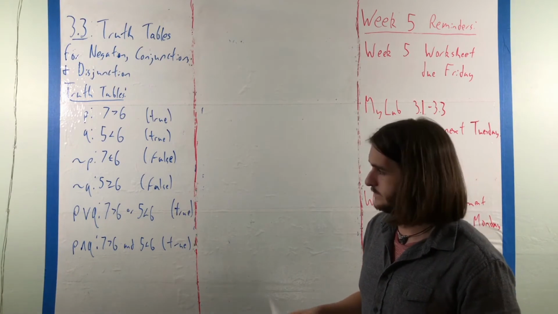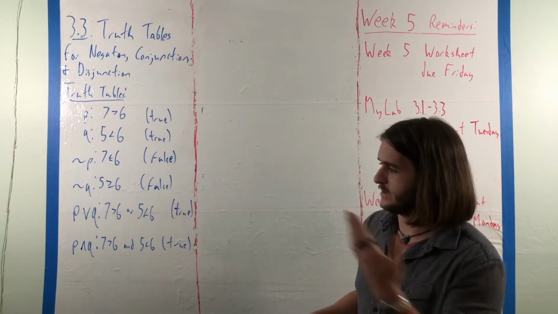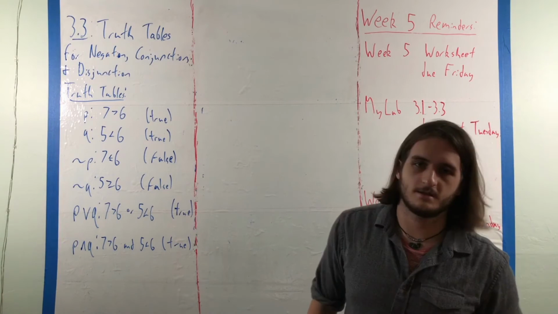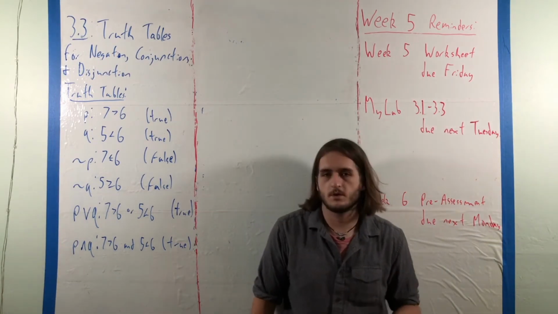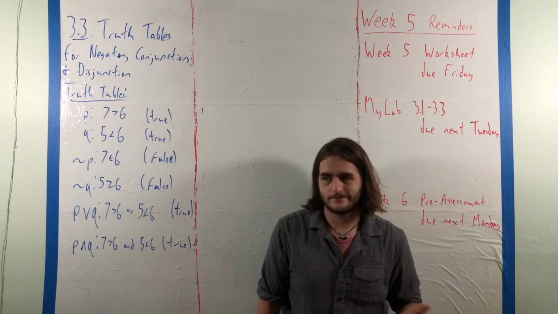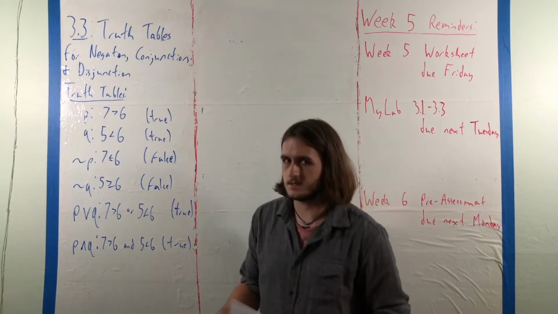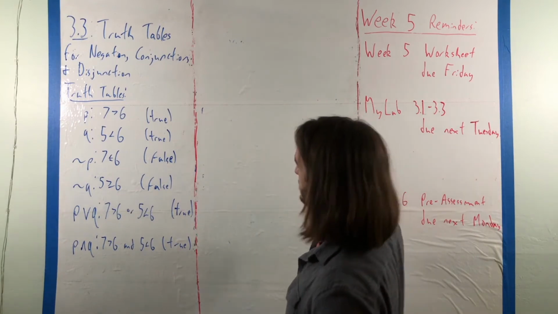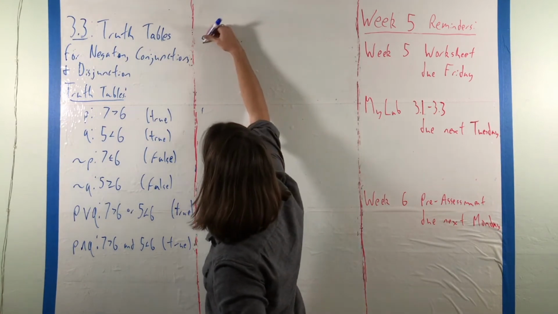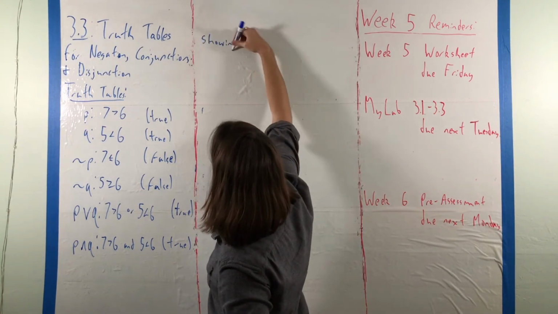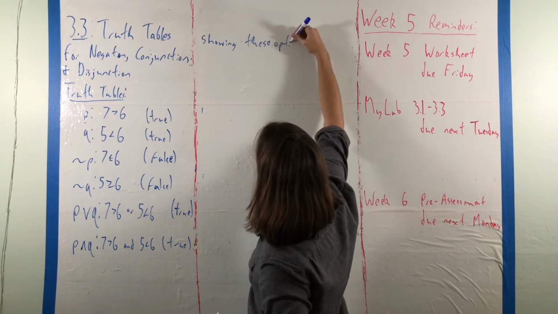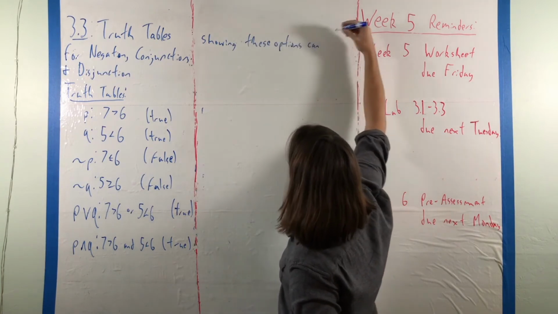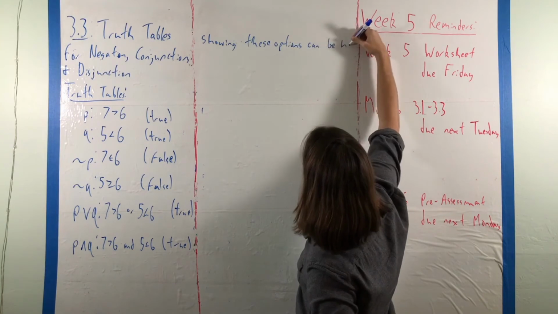That's a lot to take in, that's a lot to think about. There are a lot of different moving pieces we can throw together here. So the big thing to get is that representing these options can take a while, can be hard.